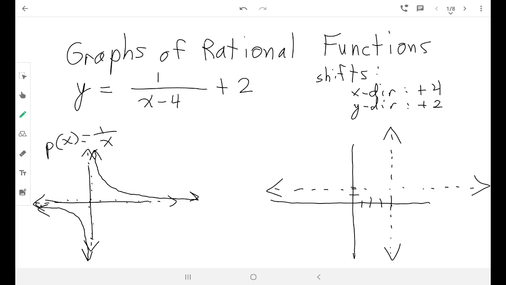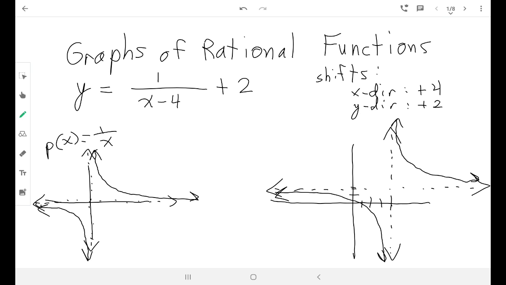And other than that, because there's no multiplication going on here, no negatives, no other weird stuff going on, that's the only thing that happens. Other than moving that, the graph itself looks the same, just like it did otherwise.